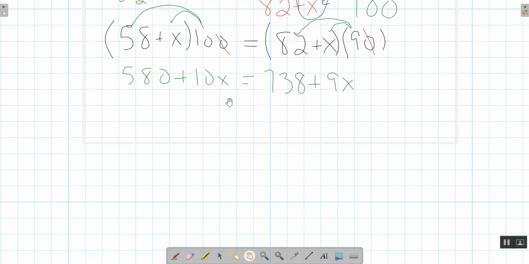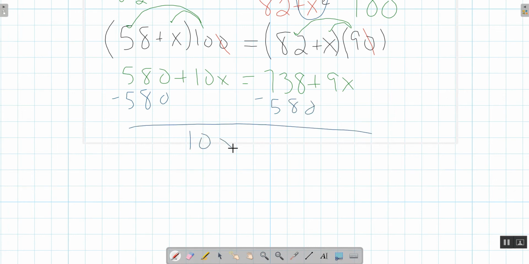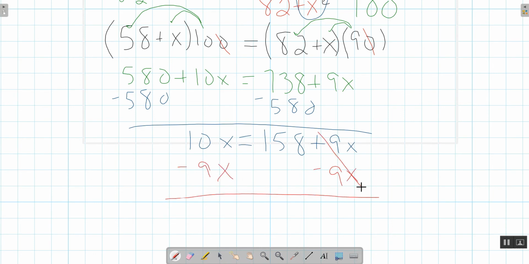Now we're just going to solve this. So minus 580 on both sides, so it's 10x equals 158 plus 9x. You can already see that I'm going to have to make a lot of free throws in a row. I don't know if I have it in me to make 158 in a row, which is what our answer is going to be.